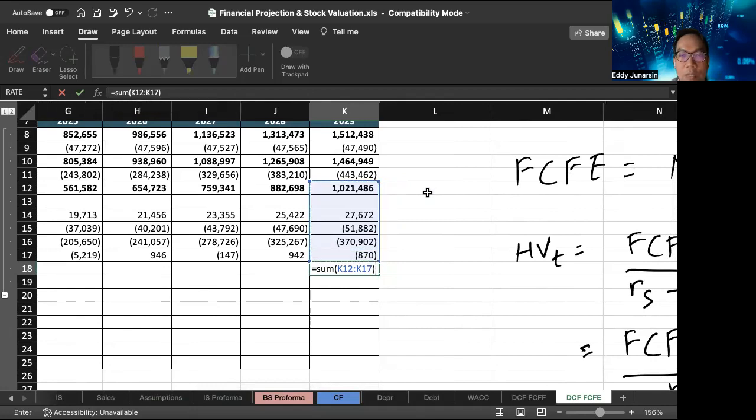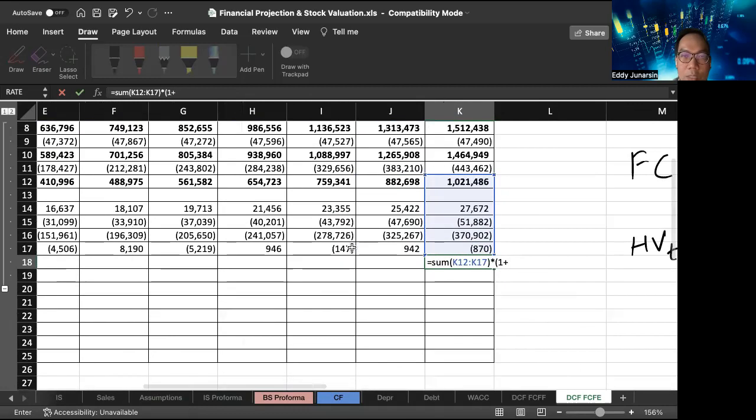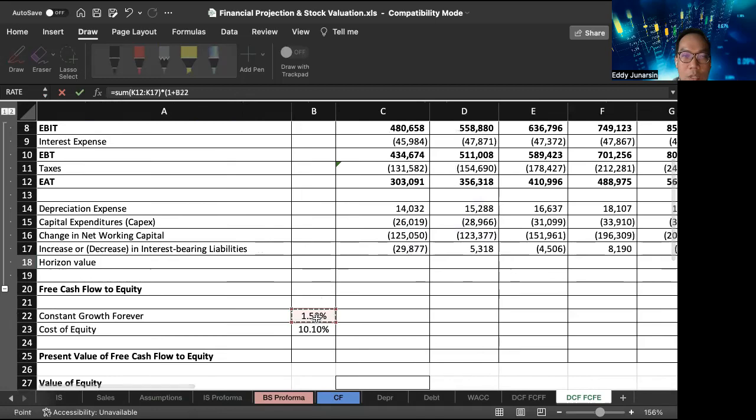So this is the free cash flow to equity holders in 2029, growing by 1 plus constant growth forever. Then we divide it by cost of equity minus the constant growth forever.